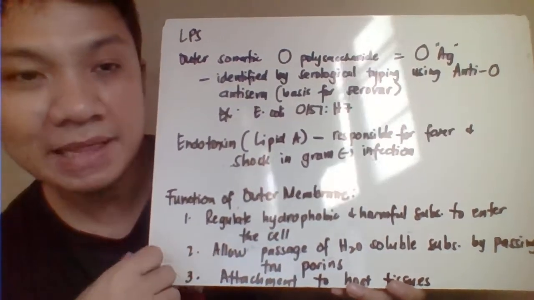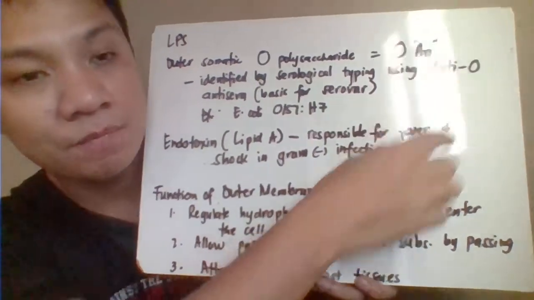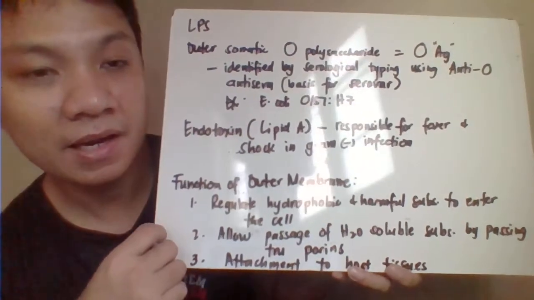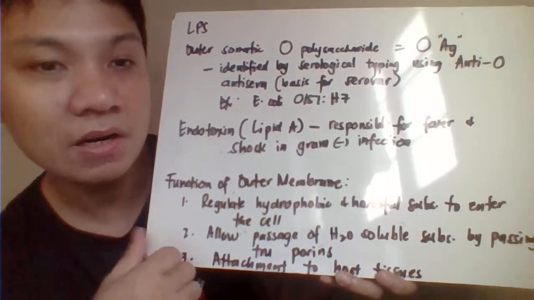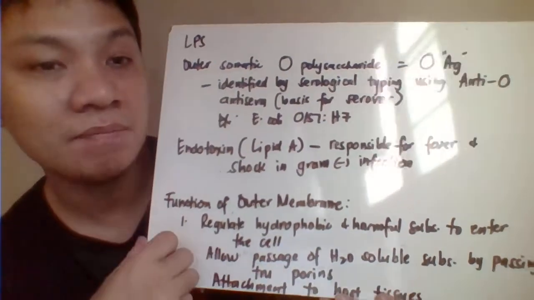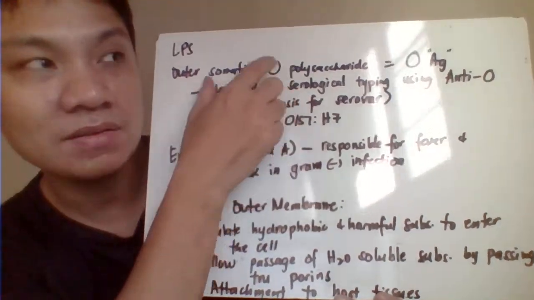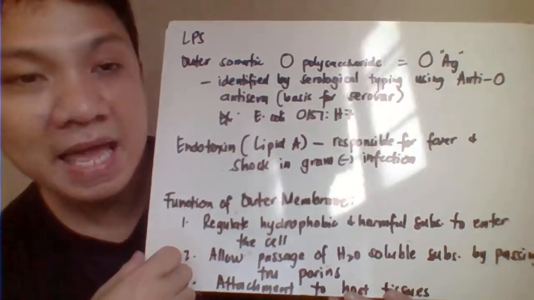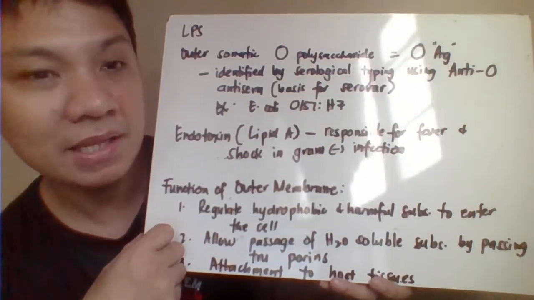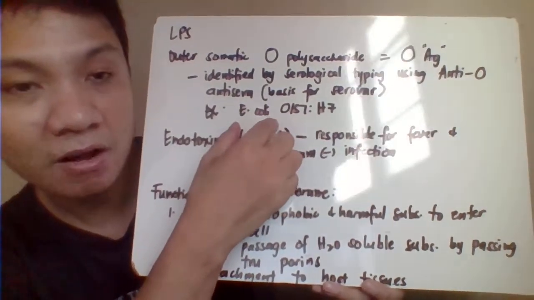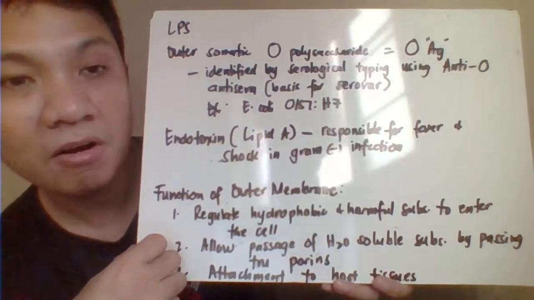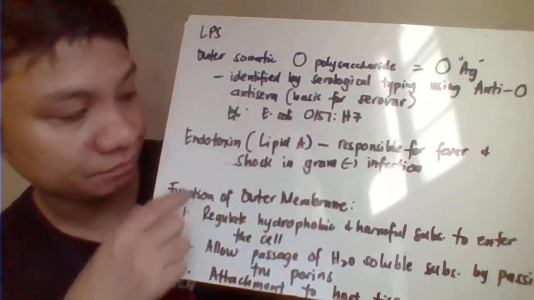So, it's like blood typing. You use this reagent, then you have your bacterial suspension, and then you just mix it. If there is turbidity or agglutination, it means your bacteria contains the somatic or the O antigen. And that's pertaining to the somatic polysaccharide layer of its lipopolysaccharide. An example of that having a somatic antigen is your Escherichia coli O157:H7. This is a strain of Escherichia coli having that somatic antigen.